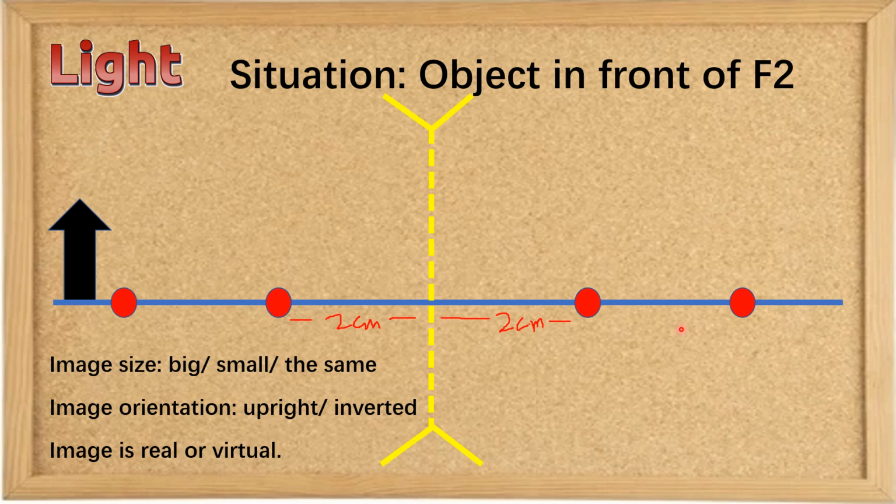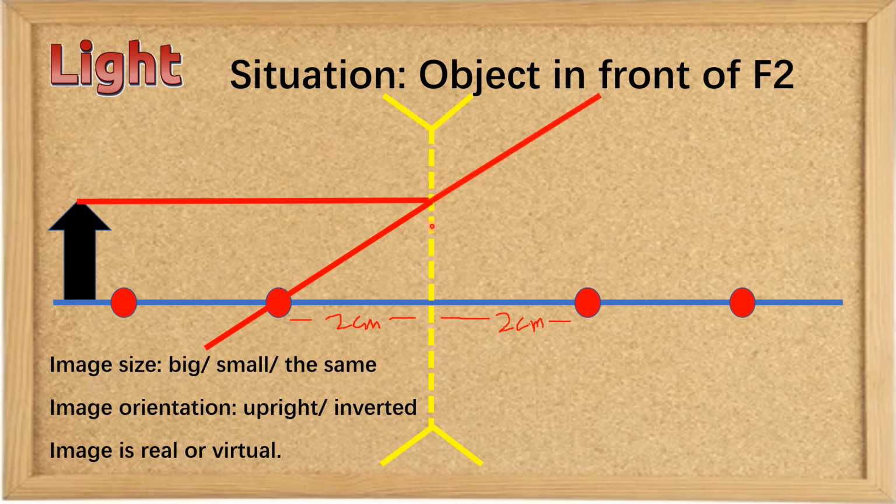Okay, let's check your answer. It's almost similar to your convex lens with small changes. First, you're going to make a parallel line going to your principal axis. And then the second one is we are going to make a line from your focal point going to your principal axis, and then from your principal axis pointing away, just like this one.